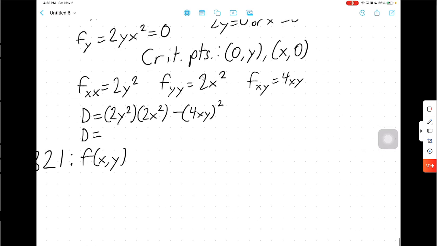And then on the critical points, at 0, x and 0, y, we're going to get 2y squared, 2 zeros times 0 squared, minus 4 times 0 squared. This is just a 0.